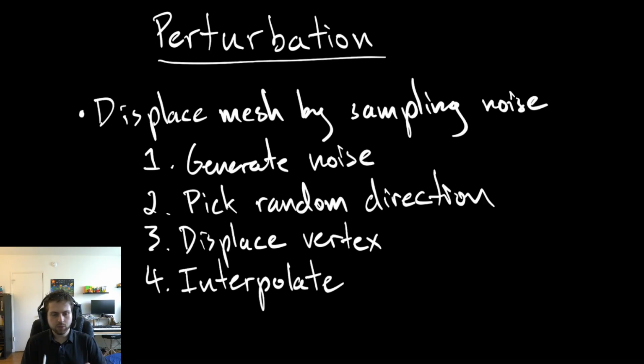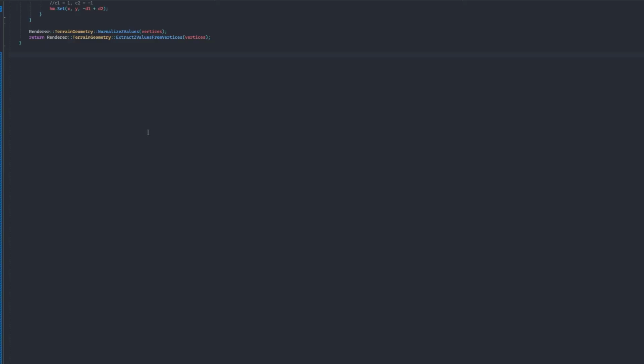From that noise, we can pick out random directions, which will be the direction by which we displace each vertex. So we'll pick that random direction from the noise we generated earlier, and then displace that vertex by some percentage of the mesh size. We can configure how far we want to displace it in the code. And then finally, once you've displaced it, we'll interpolate the value. So let's take a look at the function.